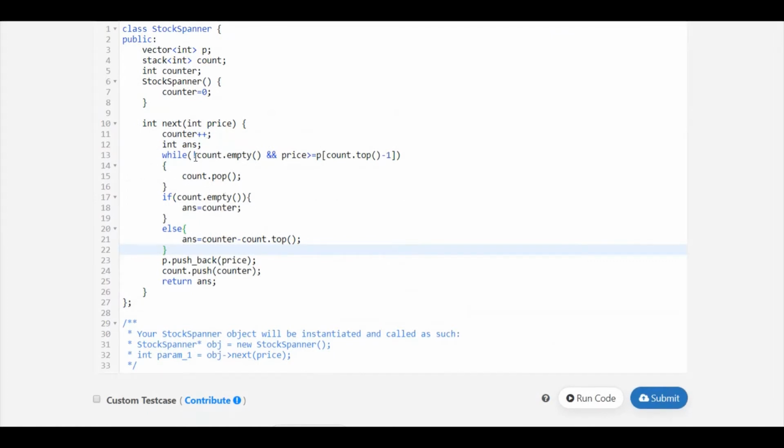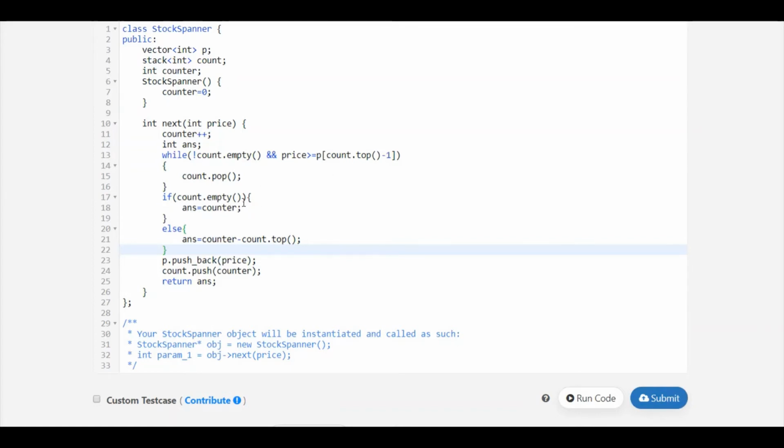So when we get that, first thing we do is increase our counter and then we initialize our answer. Then we check the while condition. If the stack is not empty, and if the price is greater than P of count.top, the previous day's price, if it is greater, then we pop.